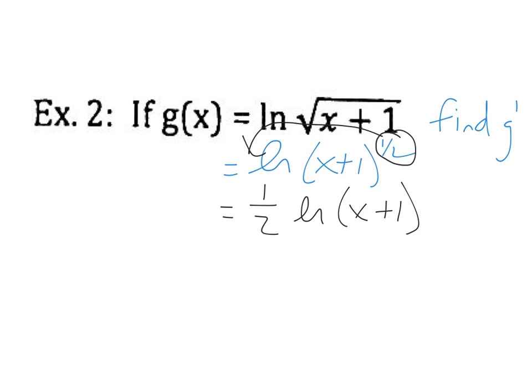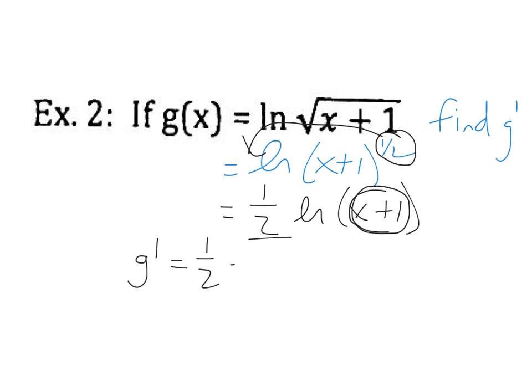So we haven't done anything with the derivative yet. All we've done is clean up this function to make it a little easier to find the derivative of. So now I'm going to find g prime. G prime equals 1/2 times the derivative of ln of (x plus 1). And so from above, we would take the derivative of the inside.